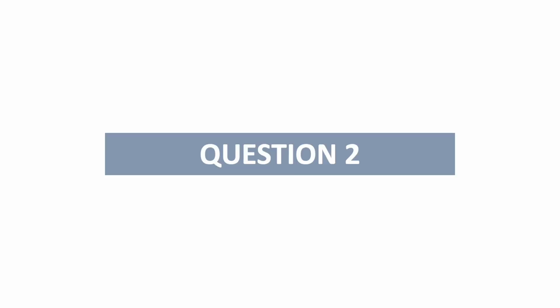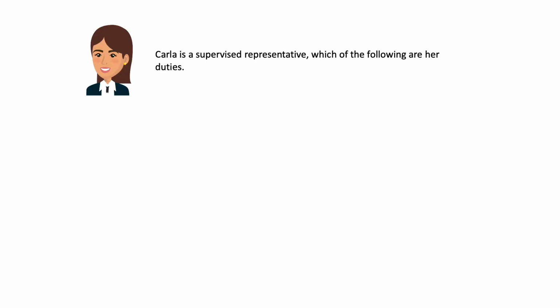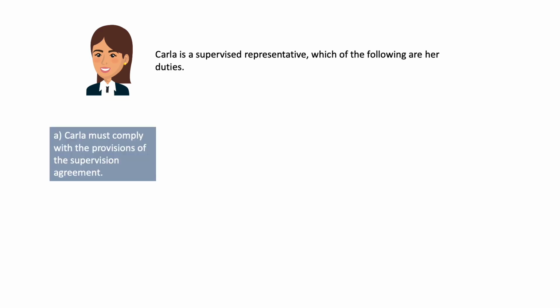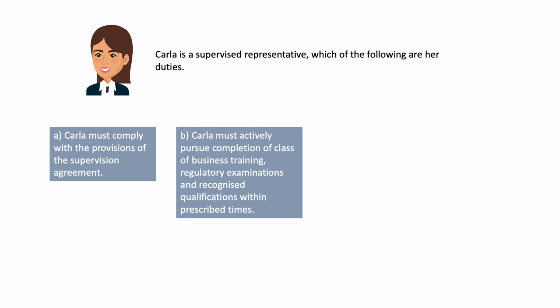Question 2. Carla is a supervised representative. Which of the following are her duties? A. Carla must comply with the provisions of the supervision agreement. B. Carla must actively pursue completion of class of business training, regulatory examinations, and recognised qualifications within prescribed times.